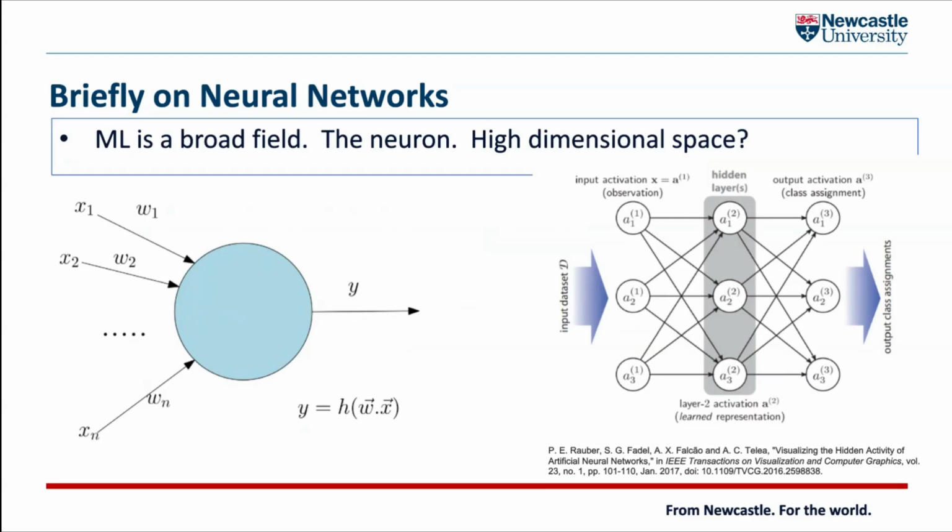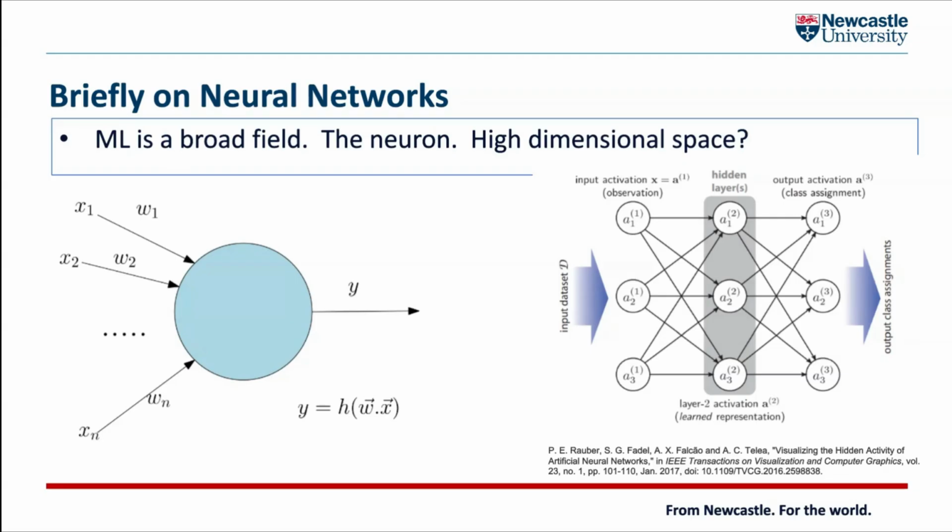It has a bunch of inputs, X1 to Xn. Those are essentially inputs that are going to come in here. And they have weights. And if the signal coming in multiplied by those weights is over a threshold, the neuron is going to fire and Y is going to emit a signal. And otherwise it does not.